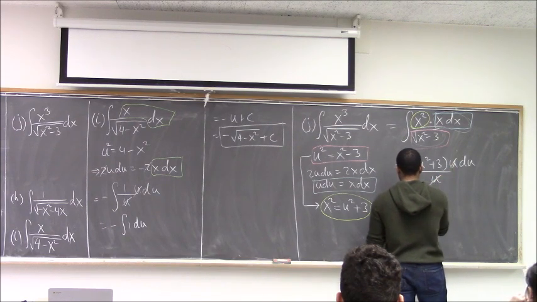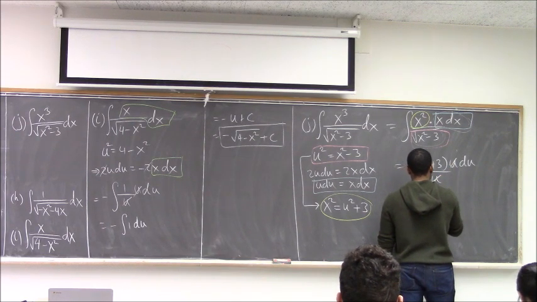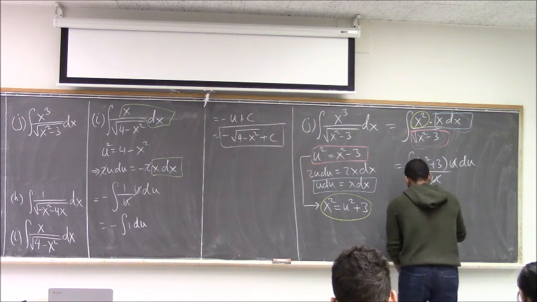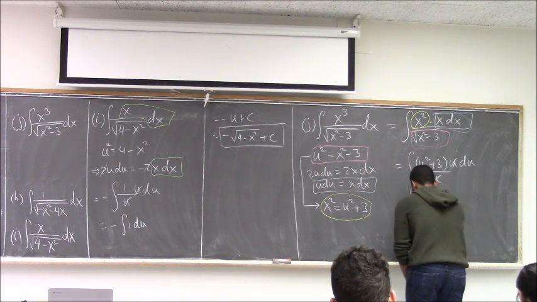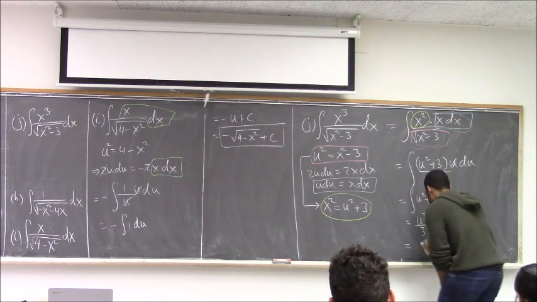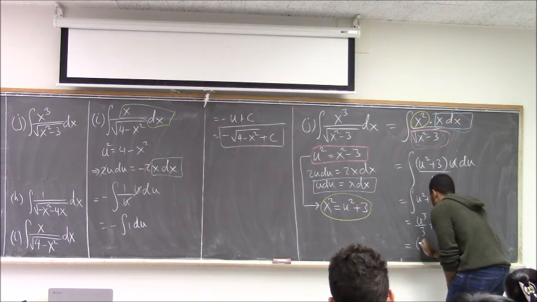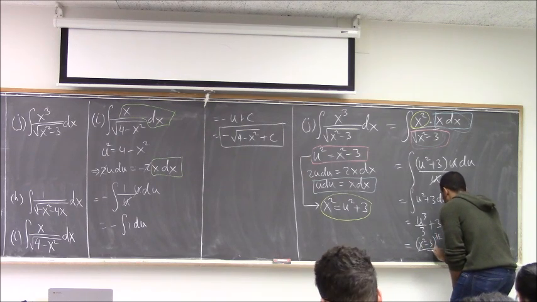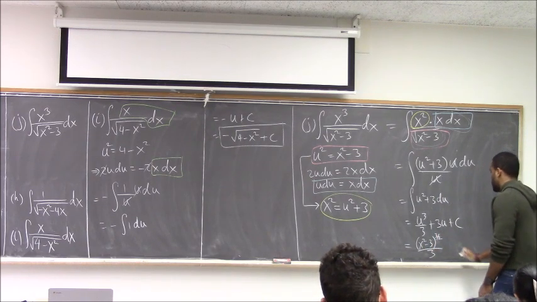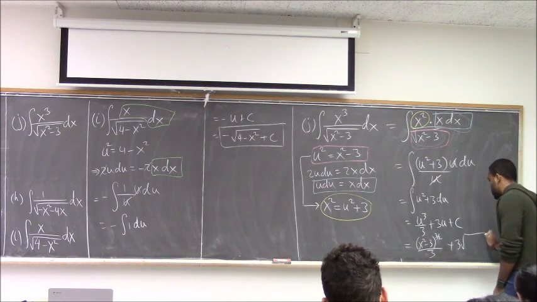I use cancel. And then it's just the power rule. And my u is the square root of that guy, so this is going to be x squared minus 3 to the 3 over 2 power over 3 plus 3 times the square root of x squared minus 3.